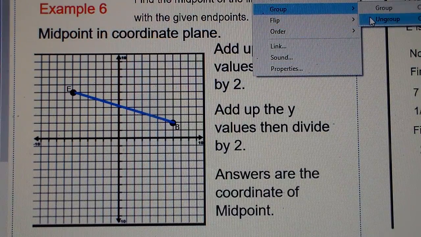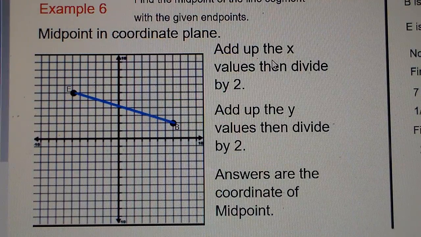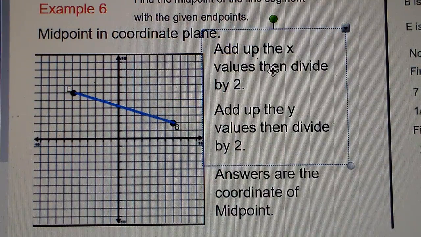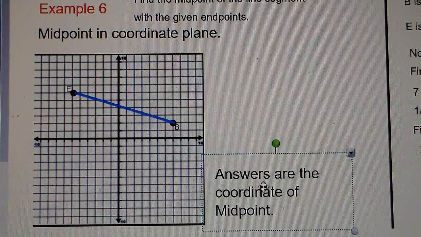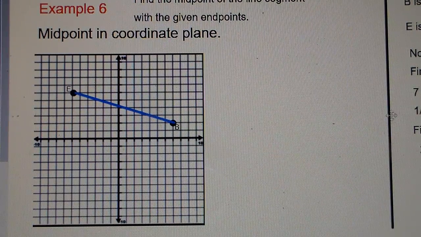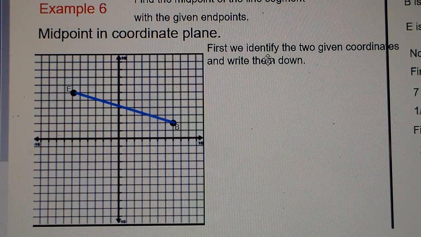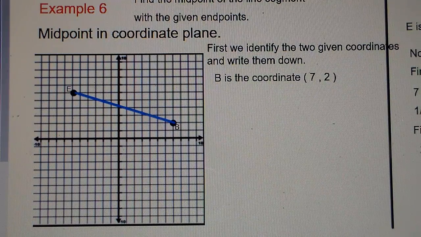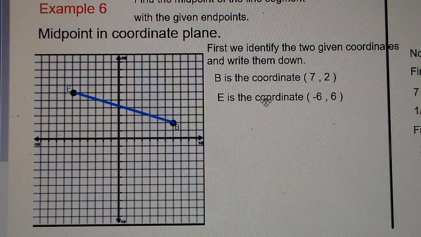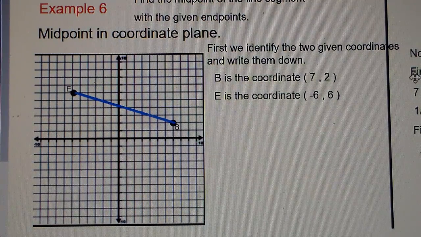Let's get rid of this. Those are just the steps that we're used to seeing. So our goal is to first write down the 2 given coordinates, just so we have an understanding. So we have B and E, so B is 7, 2, and E is -6, 6. And it's just like what we did before.